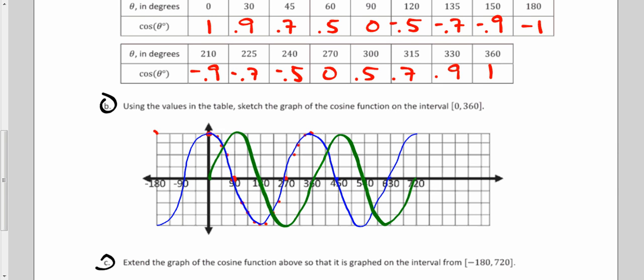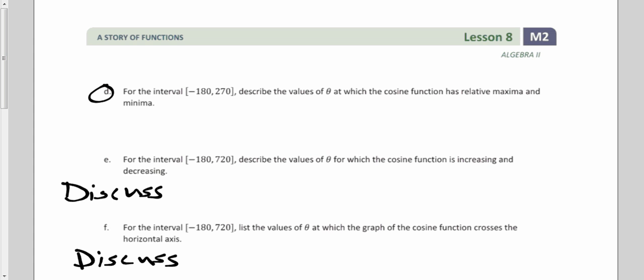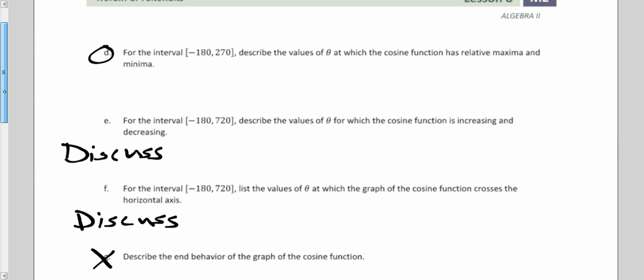I'm taking one and I'm shifting it. We call that a horizontal shift. Okay? That's why it's called cosine, because it's a cofunction of sine. I think Sarah asked that question yesterday. Maximums and minimums are going to be different.